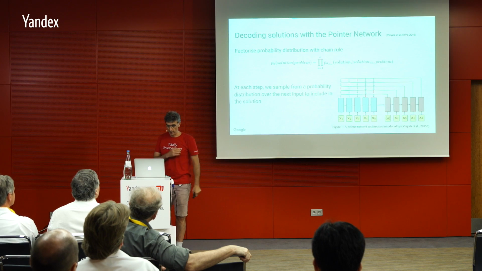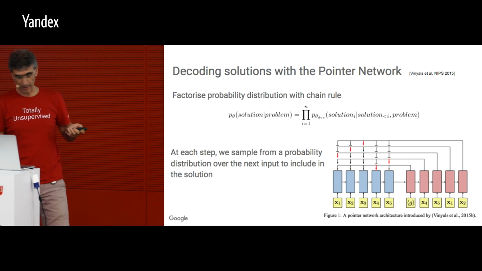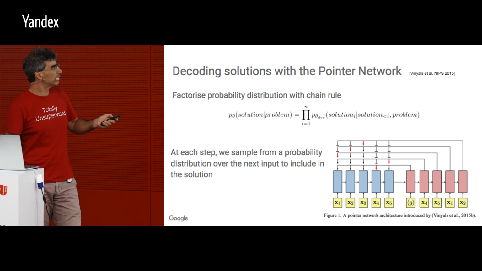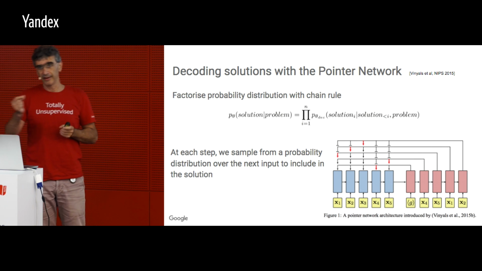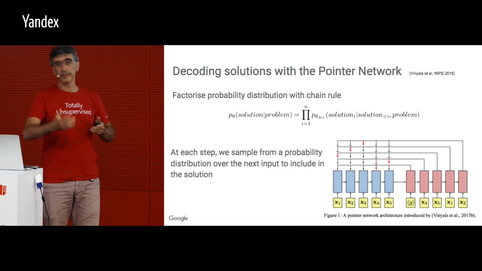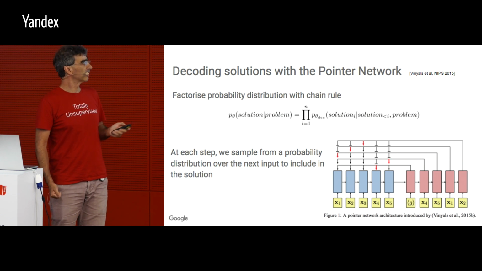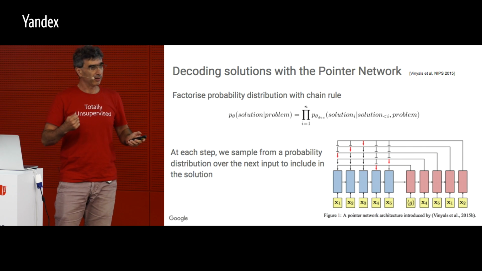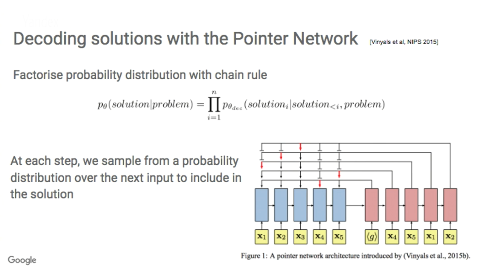So how do we decode? Well, there's nothing special here. We're going to parameterize the solution as a probability distribution over solutions, and if the solution has multiple parts like cities, then the joint probability of all the ordered cities will just be the probability of one city given the previous ones, which means we've encoded the cities here, for instance, and now we are going to decode them one at a time and provide as input the previous decoded cities that our model has found.